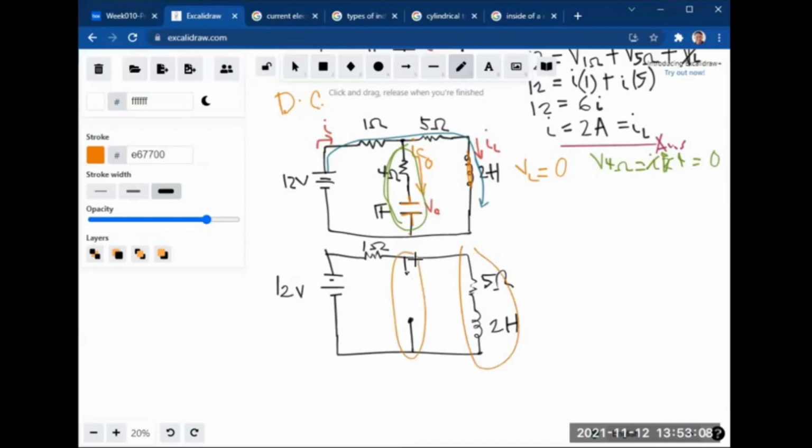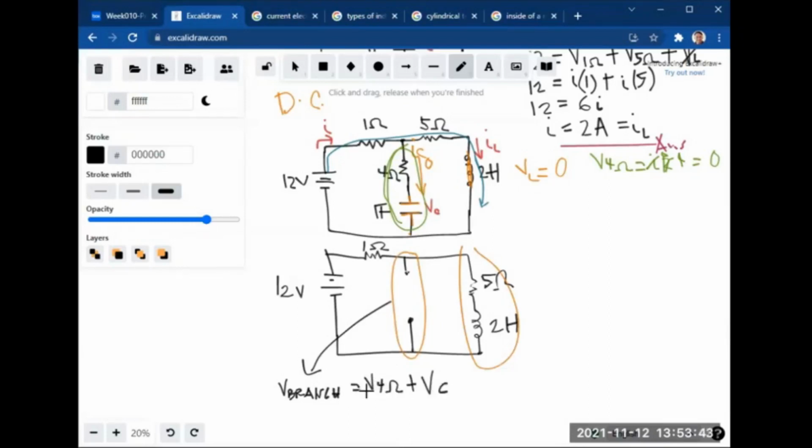And since the voltage of this branch is equal to, let's say I'll just write voltage of the branch so you won't be confused. Okay, so it is equal to the voltage of the 4 ohm resistor plus the voltage of the capacitor.